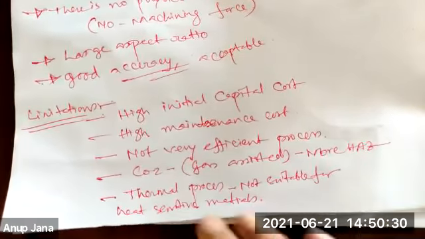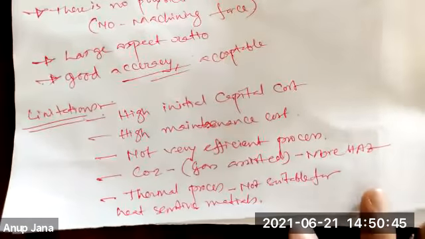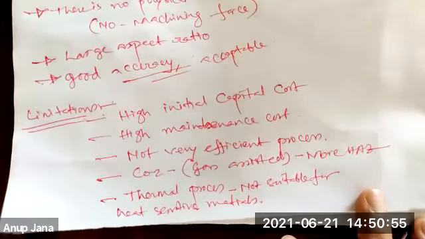Actually, about this last point, what I mean to say about heat sensitive material: let's say for example you have a heat sensitive material with some resin kind of thing, like a laminate structure, and that has to be machined using laser. What happens?